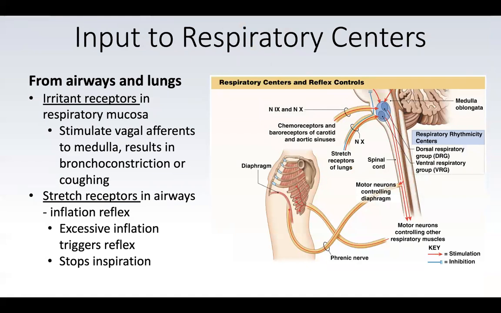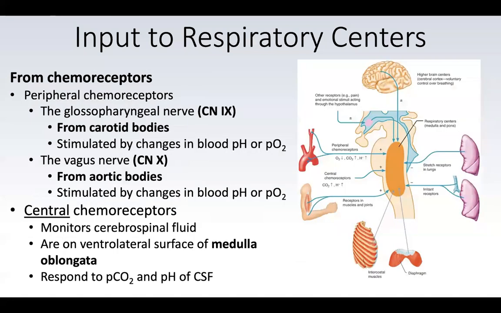The inputs to the respiratory centers are driven by two cranial nerves. Please know them. They are cranial nerve number 9, the glossopharyngeal nerve, and cranial nerve number 10, the vagus nerve. There are two types of chemoreceptors, so receptors that respond to changes in pH of the blood or partial pressure of oxygen, concentration of oxygen in the blood.